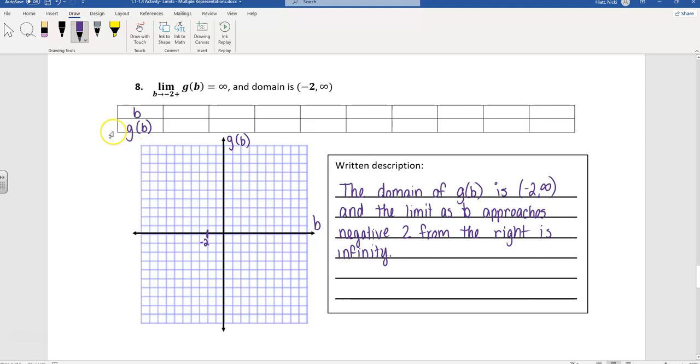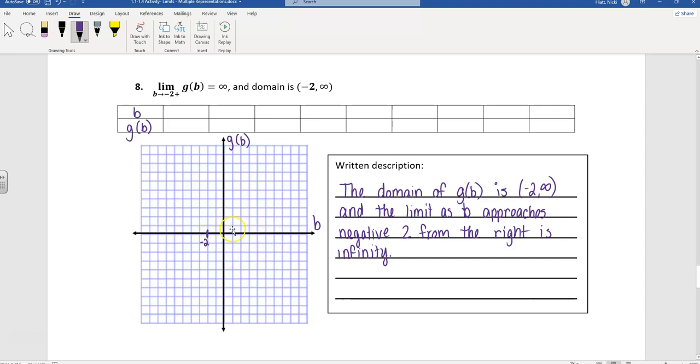And my function tells me that the limit as b approaches -2 from the right, so over here approaching -2, I go to infinity. What is that going to look like? What am I going to have? Okay, Michaela's going like that. I'm going to have a vertical asymptote, and it's going to be going up in this case, right? So does it matter what happens over here?